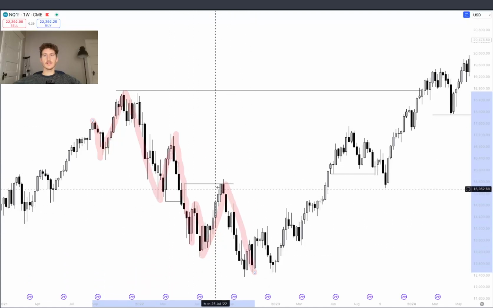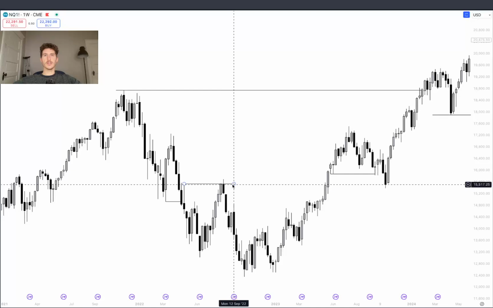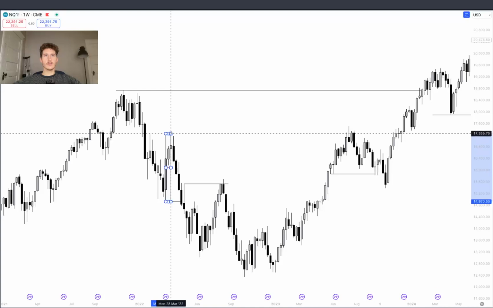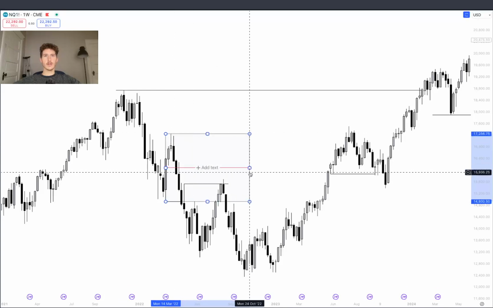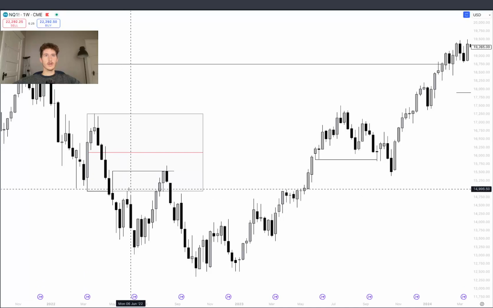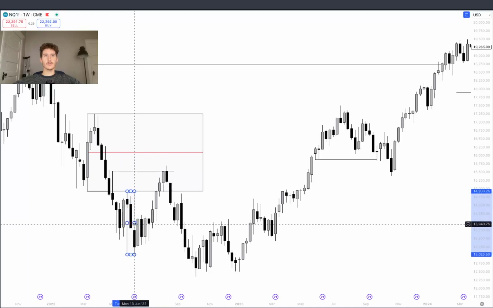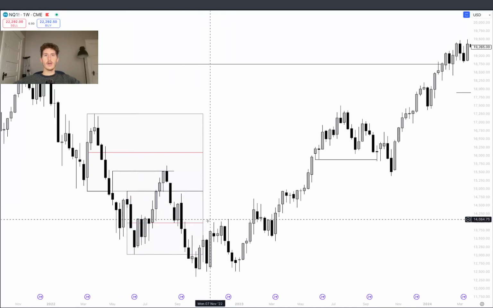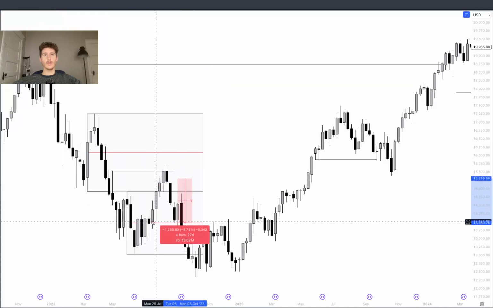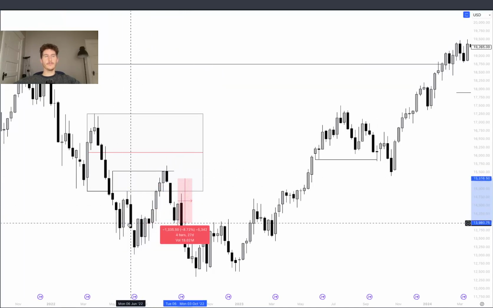So in this instance, we're touching the tap back into this swing, and I wouldn't necessarily be targeting, especially if this actually did flip up, I don't even know if I would take it. But if it was a really good lower time frame model, the max I would be targeting here would be down to the 50% of this right here.